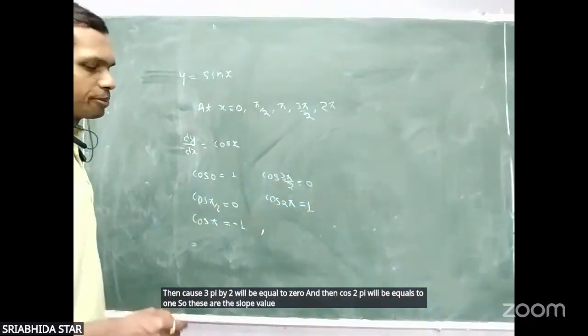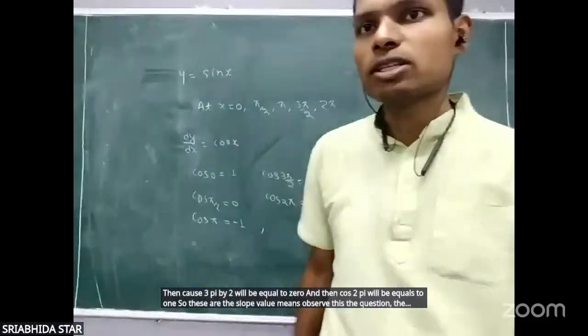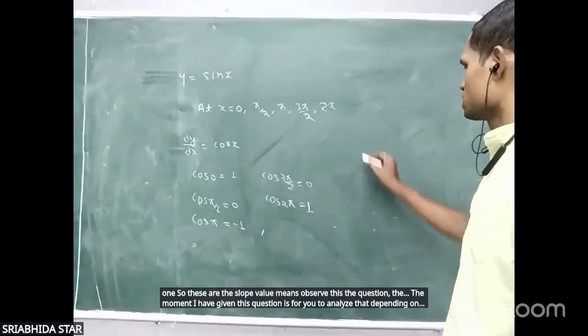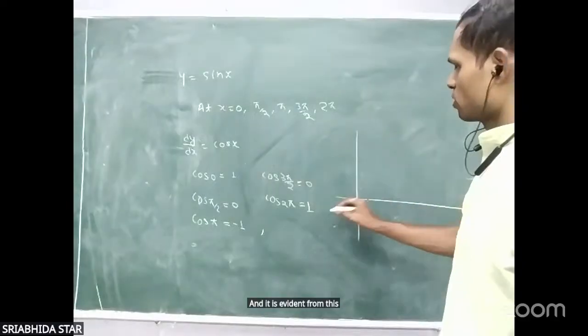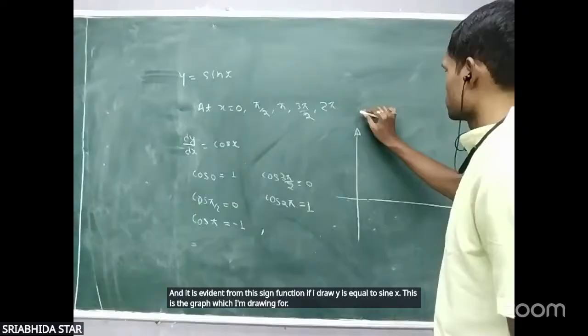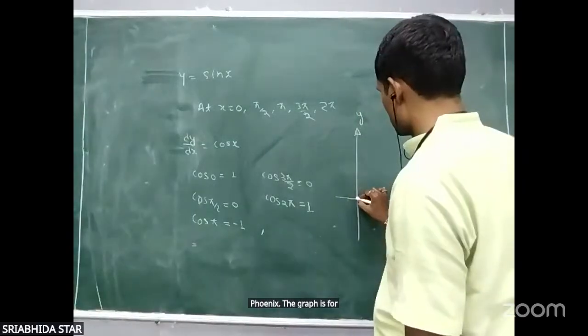Observe this. The reason I have given this question is for you to analyze that depending on the value of x, the slope will change, and it is evident from this sine function. If I draw y is equal to sine x, this is the graph which I am drawing for sine x.